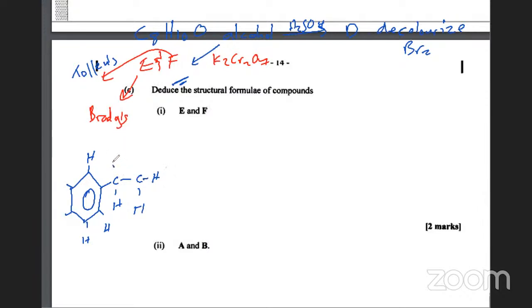If this would have been the secondary alcohol, which would have produced ketone, which is compound E, you just convert this into a ketone.